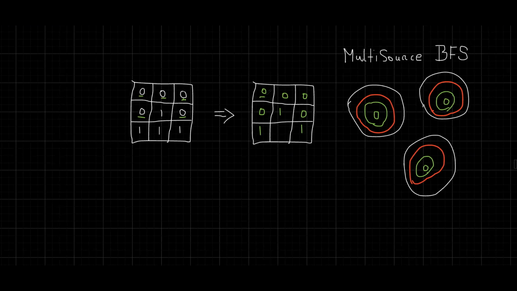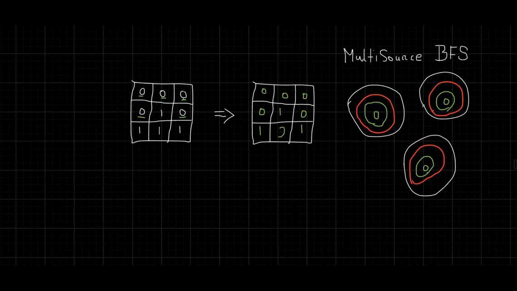Similarly, for this 0, all of the positions are already computed. For this 0, all of its 4 directions are already computed. And similarly for this 0 as well. Now, suppose for this one, we can go up, right, left, and down. So here, the only valid move is to the right.